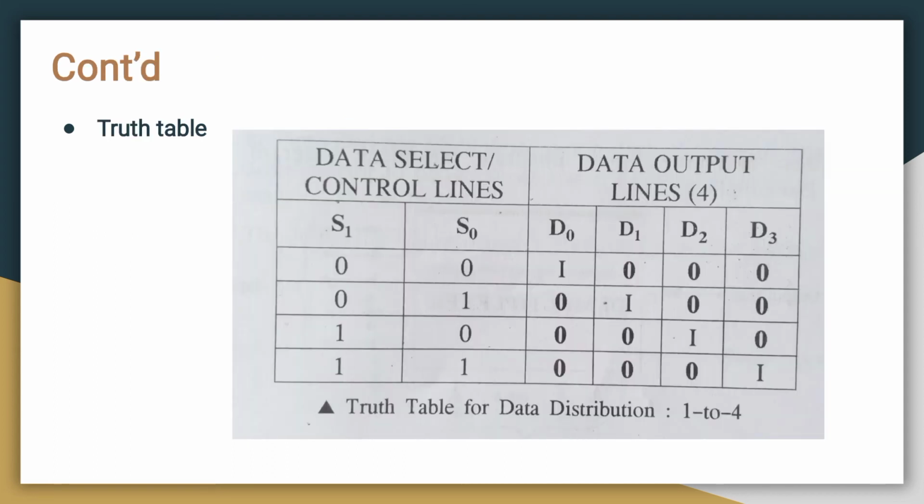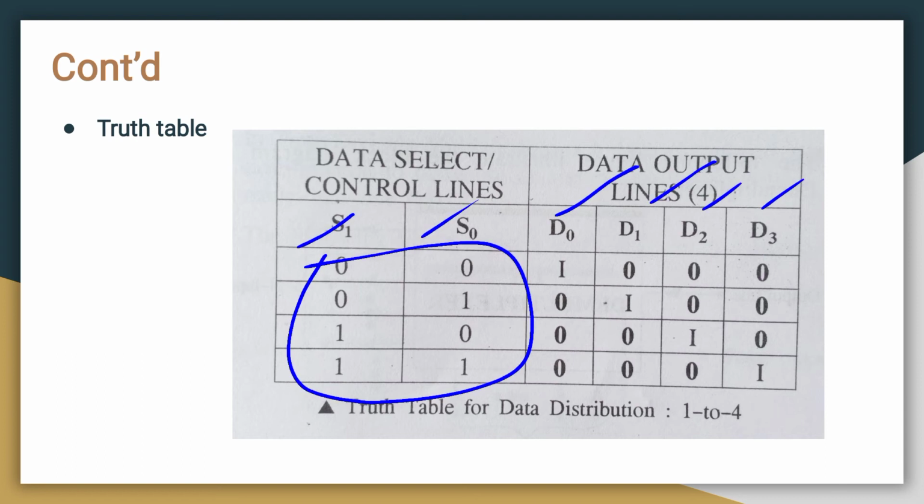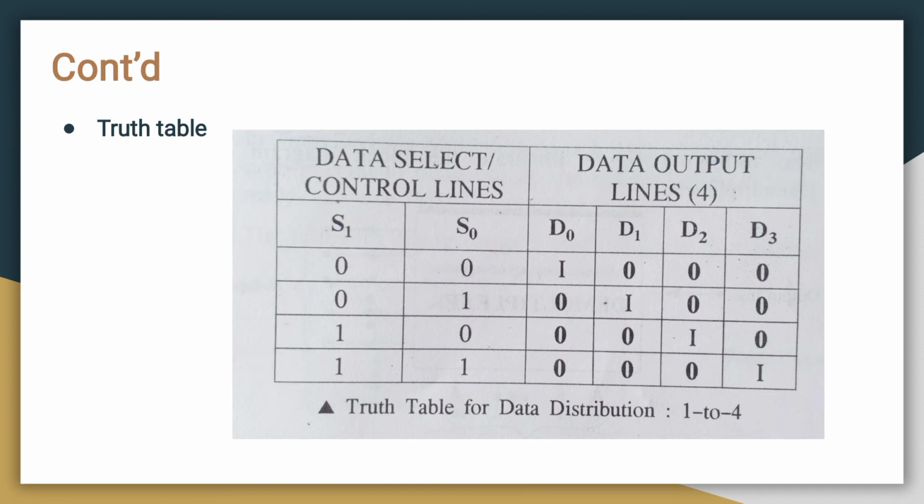So this is the figure of the truth table. The truth table consists of the control lines S1 and S0. Depending on these inputs, it will select the outputs. When both the control lines are 0, it will select D0 as output.